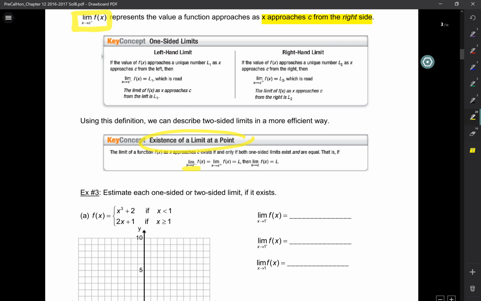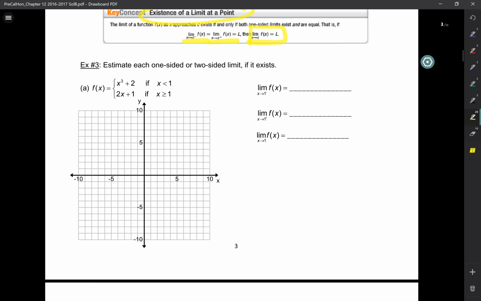So if the limit from the left side is equal to the limit from the right side, and it equals L, then the overall limit is equal to L. Okay? All right. So let's do some piecewise functions.